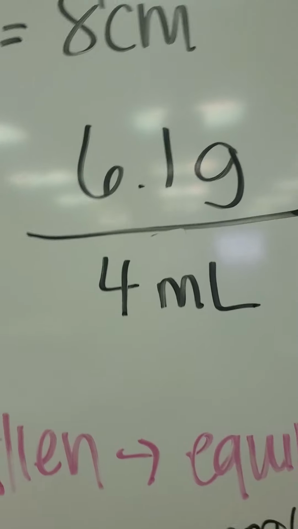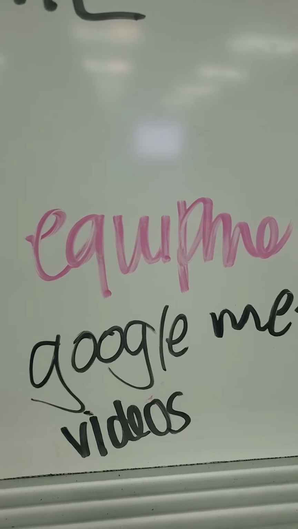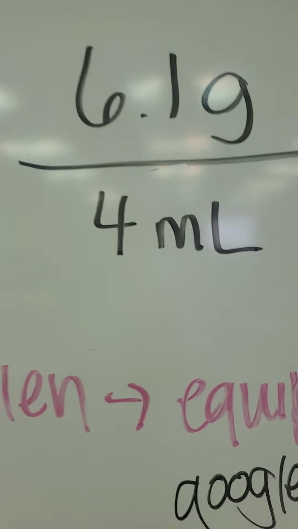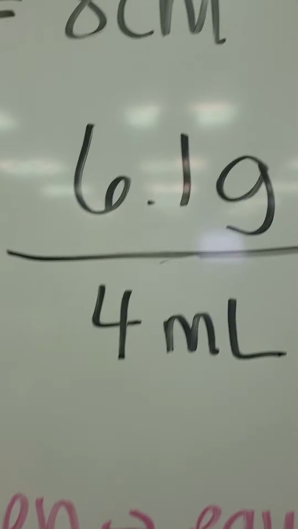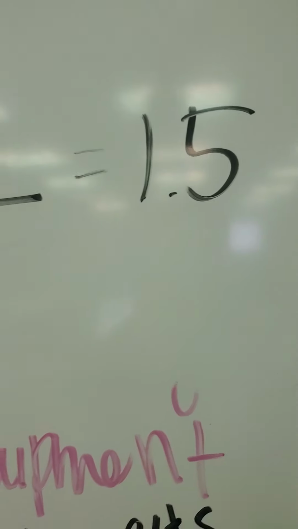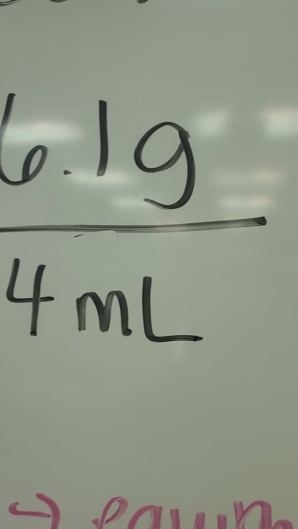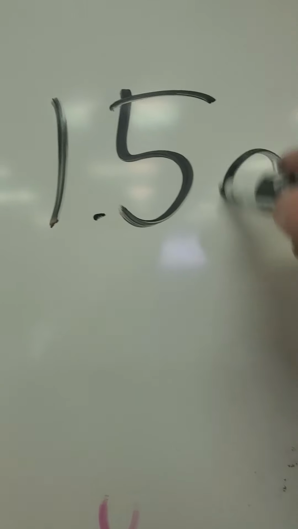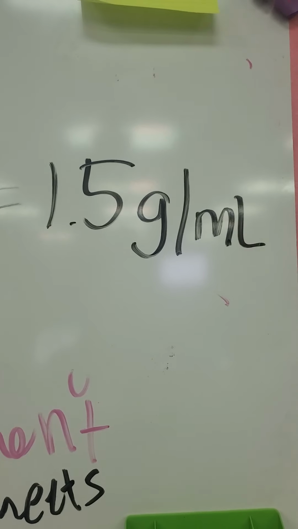So we have 6.1 grams divided by 4 milliliters. Either doing a little bit of mental math or plugging it into your calculator, we should get about 1.5. That's our number for our density. But now we need to go back and look at those units. This time we have grams and milliliters, so our unit for density would be grams divided by milliliters. There's our answer.